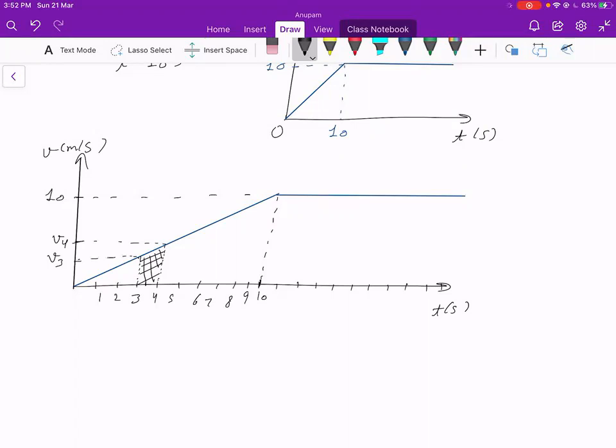I forgot the formula for that. Okay. The formula for area of trapezium is (a plus b) by 2 into h.